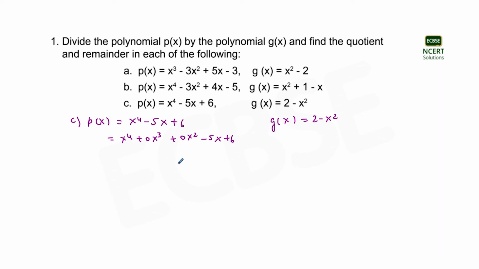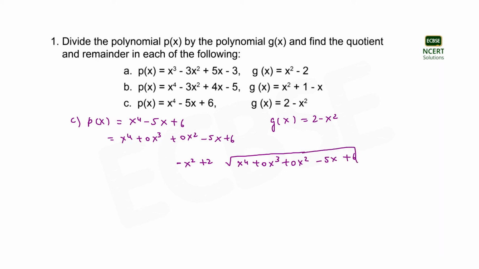So performing the division, minus x square plus 2 is being in the bracket x^4 plus 0x cube plus 0x square minus 5x plus 6.